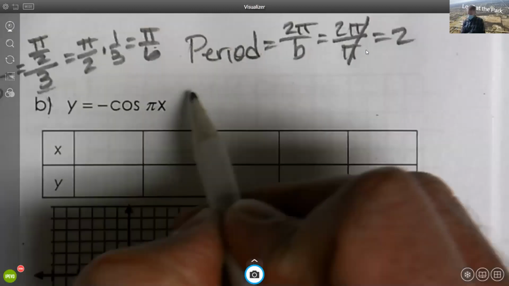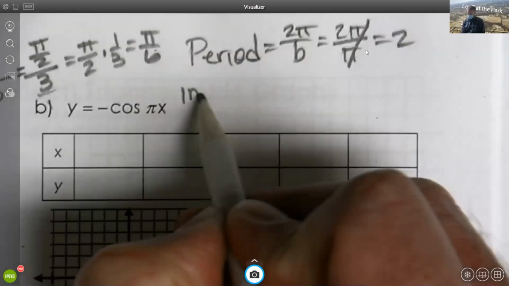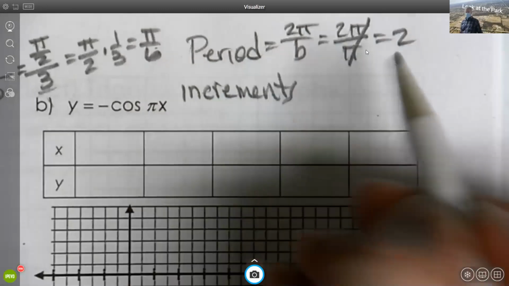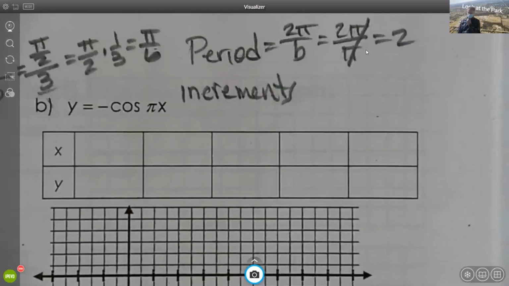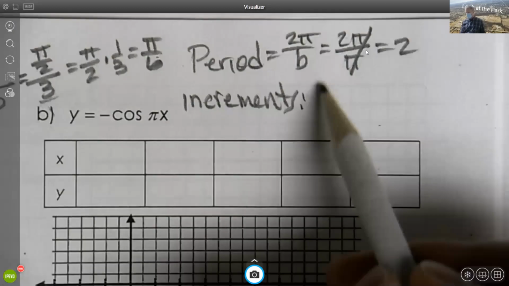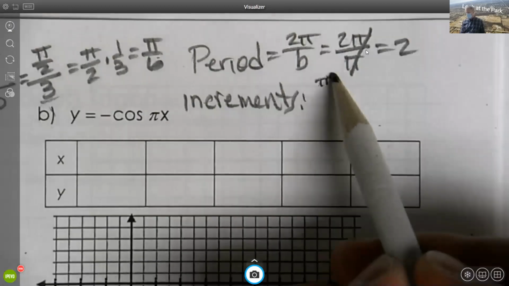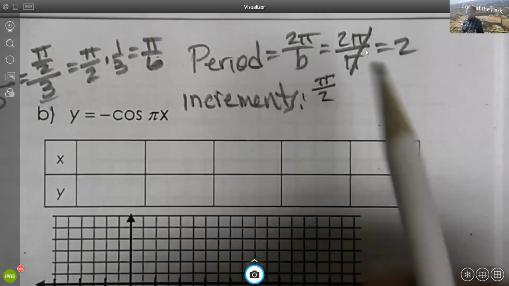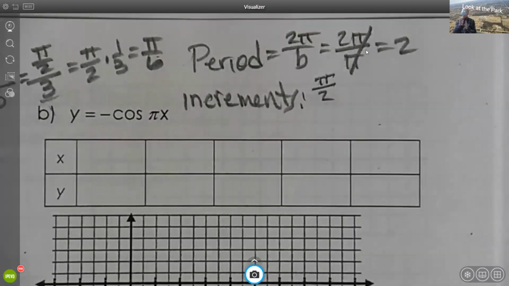Okay, what we've talked about before, the increments. There's no A in increments, I was making that up. So for our increments, typically our increments are pi over 2, right?